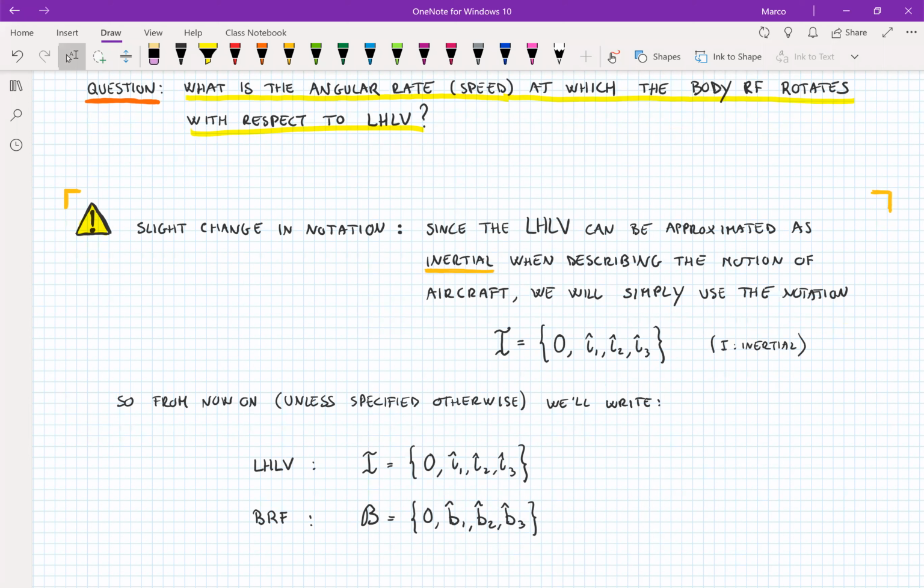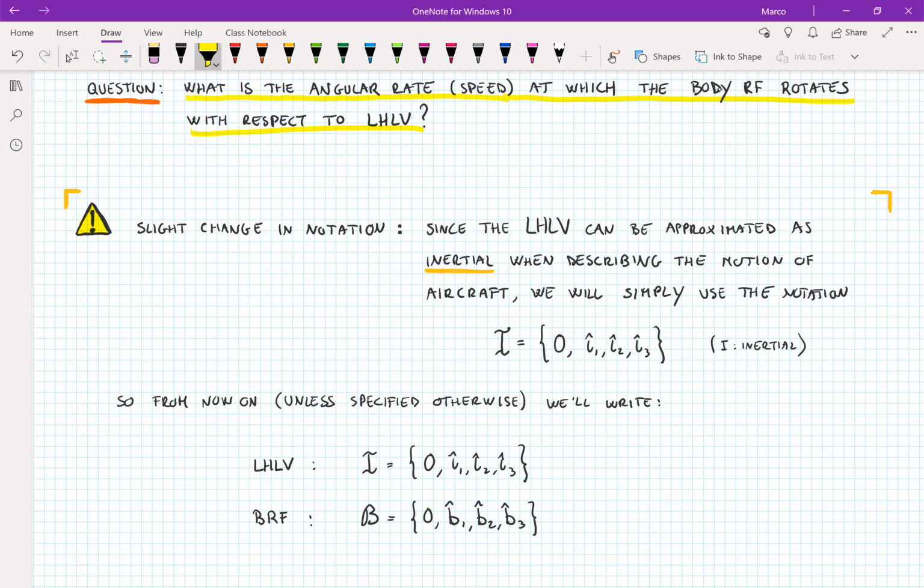Now, before answering this question, I want to point out a few things notation-wise. We're going to perform a slight change in notation. So far the local horizon, local vertical frame of reference has been referred to as L, with the three versors being L1, L2, and L3.